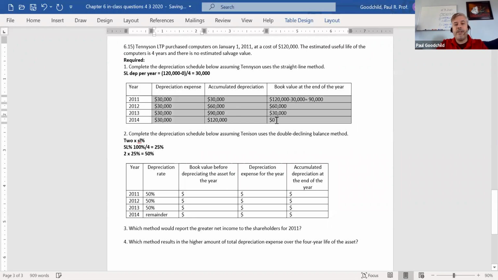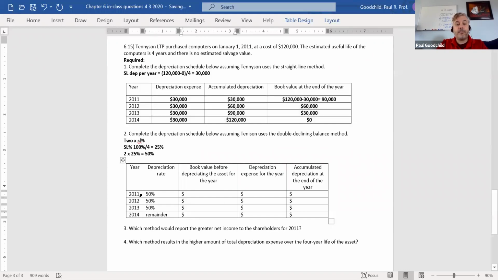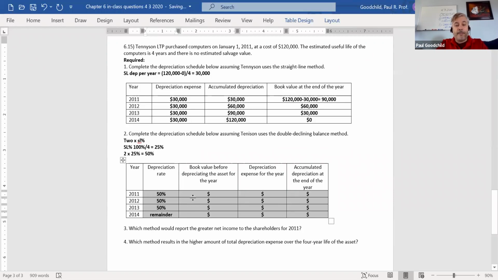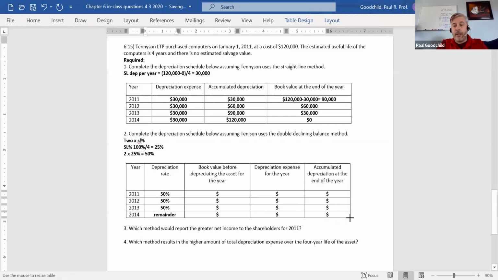The reason is that if you had a salvage value, you might not have the full 50%, and we also want to take it down and eliminate any book value in this case, because the asset has a 0 salvage value.